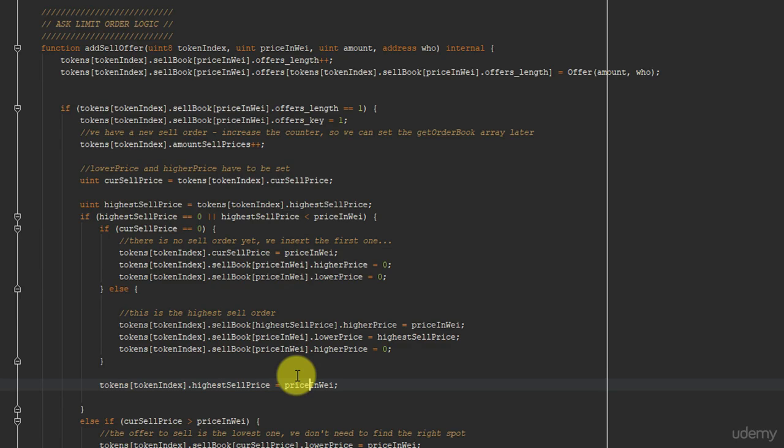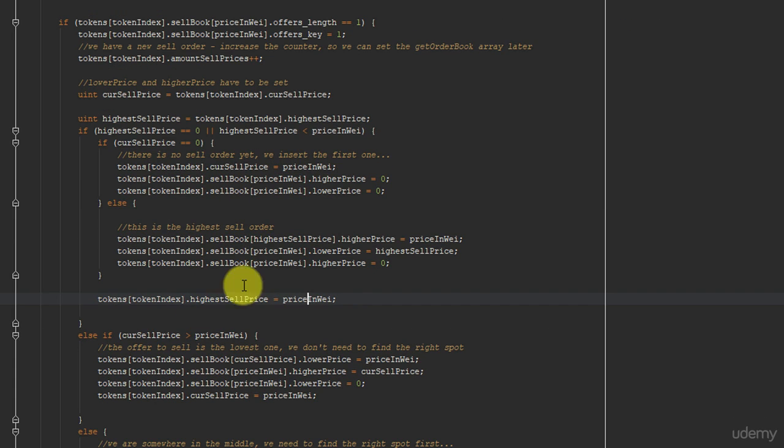In both cases, the highest sell price will be the price in wei that we want from someone who is going to buy something. The other way around, if our current sell price, so the lowest current price, is larger than the price we want in order to sell the tokens, we have our first element in our sell book. So in case of our first element, it's also very easy.